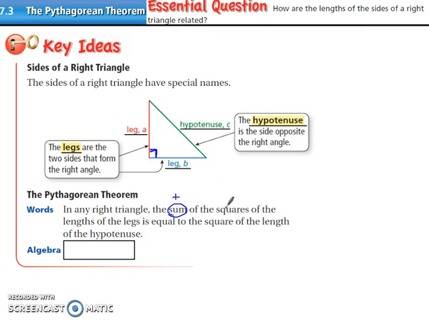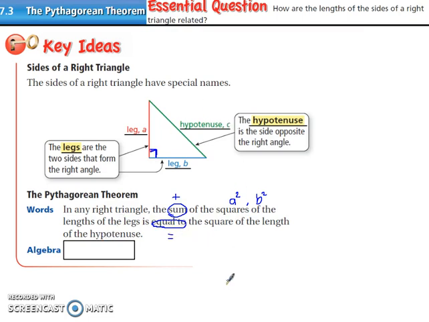We are adding the squares of the lengths of the legs. Well, the legs we call A and B, and we want to add their squares. So that means we are adding A squared and B squared together. When we do that, this is equal to the square of the length of the hypotenuse.